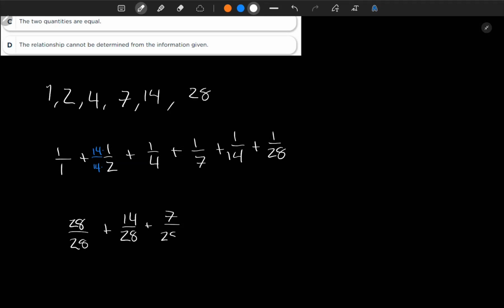So we get 7 over 28. For 1 over 7, we have to multiply by 4 over 4. So we get 4 over 28. For 1 over 14, we have to multiply by 2 over 2. So we get 2 over 28. And 1 over 28 already has 28 in the denominator. So these are all equivalent to the factors above.